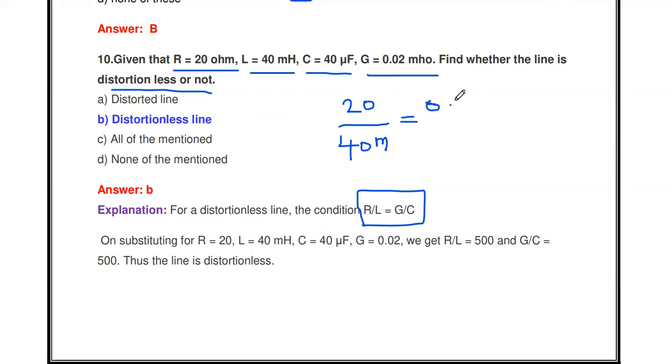It's 0.02, divided by C, which is 40 microfarad, so 40 into 10 to the power minus 6. So you just calculate the ratio of this one and this one. If these two ratios are equal, we can say that the given transmission line is a distortionless line. So these two are equal, and that's why the given line is a distortionless line.